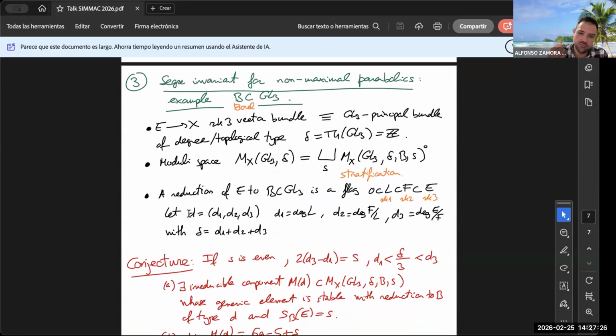So they are for maximal isotropic subbundles in the symplectic case or in the orthogonal case, or maybe not maximal isotropic, but subbundles, which corresponds in the language of parabolics to maximal parabolics. So we are trying to produce examples of parabolics which are not maximal.